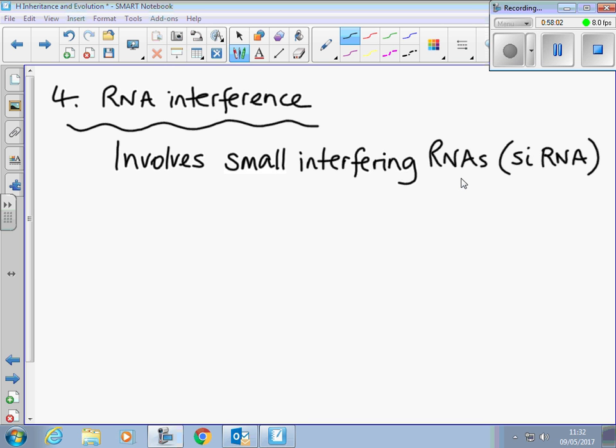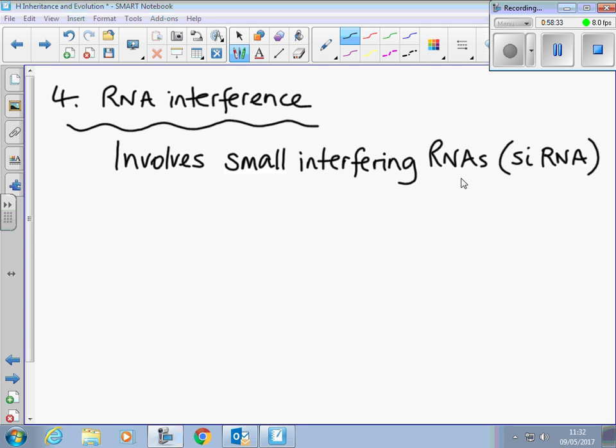Now, there's a particular mechanism for this, but RNA, of course, is a single-stranded piece of nucleic acid. And these little things, they're small in the sense that they are usually no more than 20 nucleotides long. So it's a piece of RNA, 20 nucleotides long, and it folds into a sort of hairpin shape, and you get a base pairing effect, although it's not a double-stranded molecule.